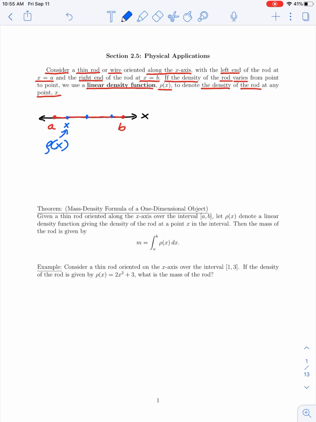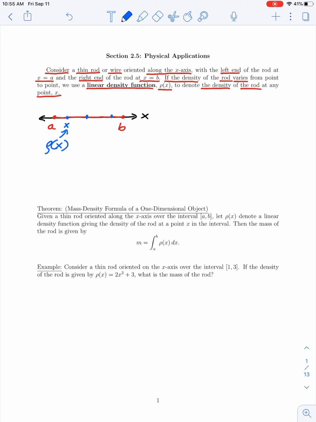Now, recall that density is a measure of the mass of an object per unit length, if we're talking about the one-dimensional case. What is the mass per unit of length along this wire?